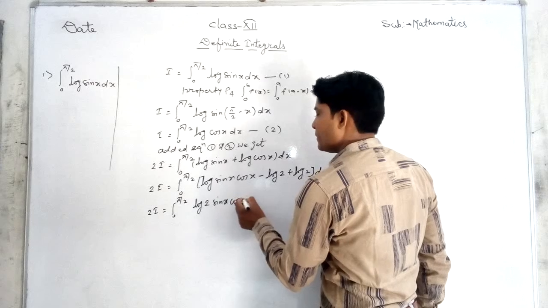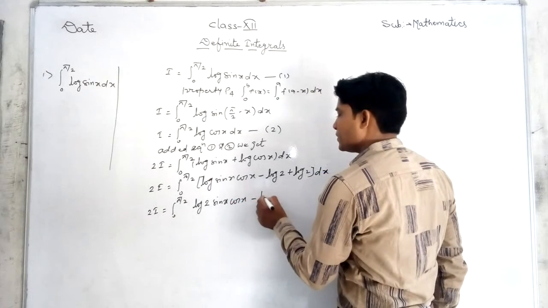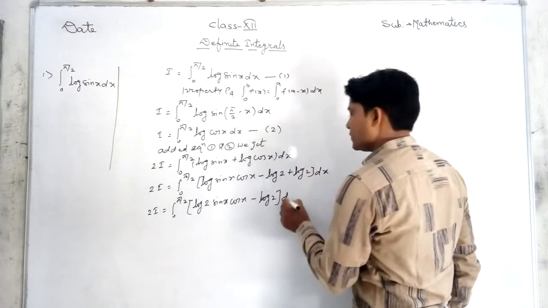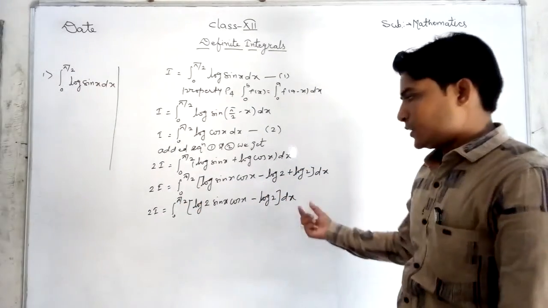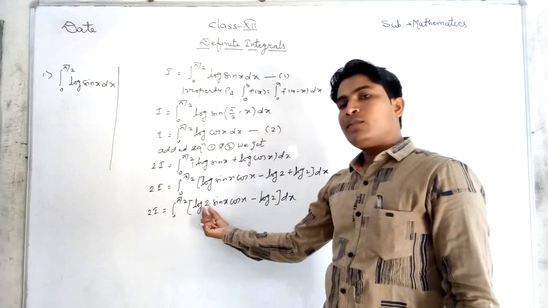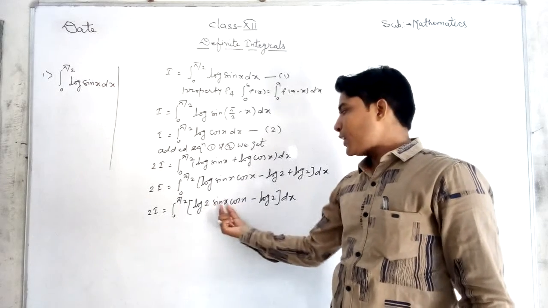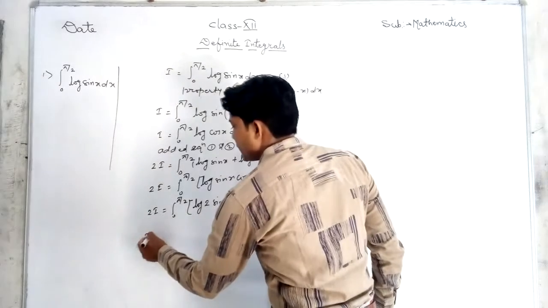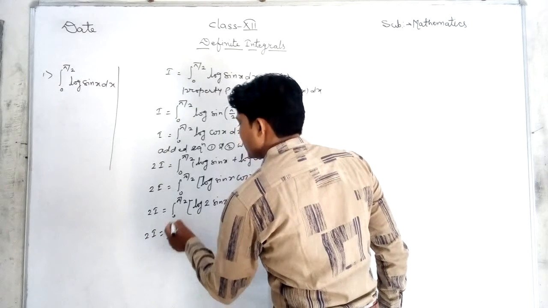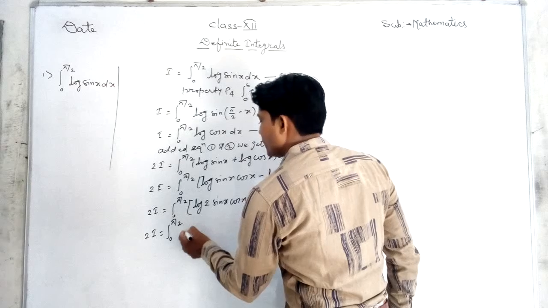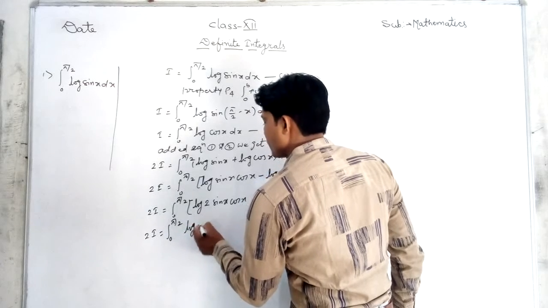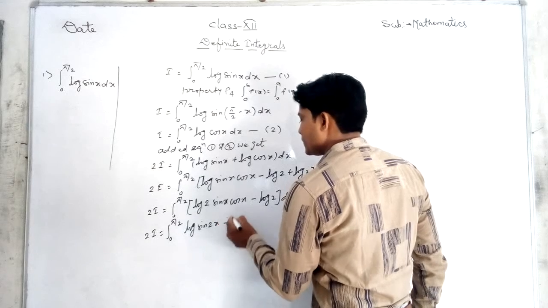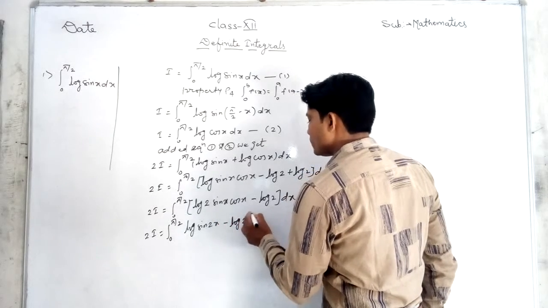Here we use the formula 2 sin x cos x equals sin 2x. So our step becomes the integral from 0 to pi by 2 of log sin 2x minus log 2, dx. So 2I equals that function.